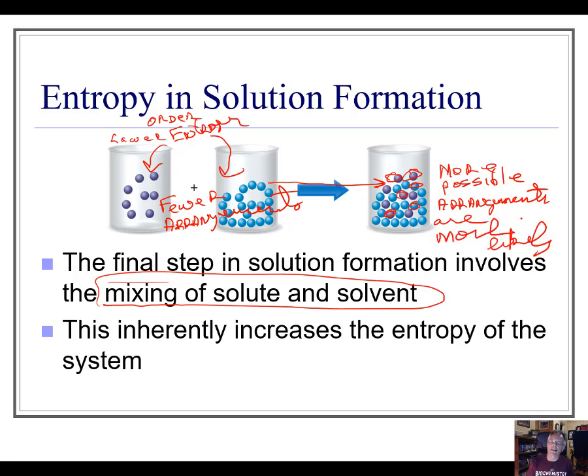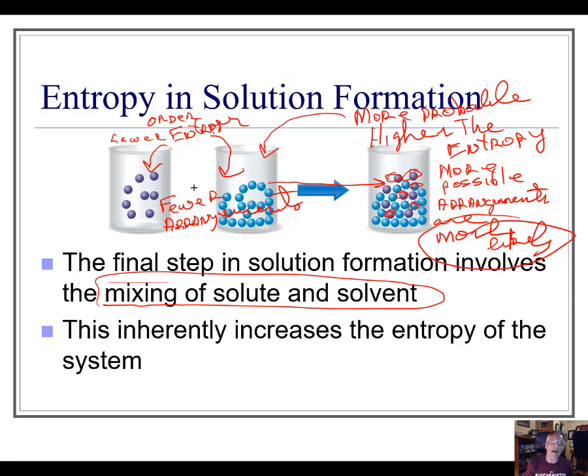And more possible arrangements are more likely. And the more likely a situation is, the higher the entropy. And that's really what we're talking about. This is more probable than pure. Okay? As soon as you mix these two together, the more possible arrangements occur from the mixing.